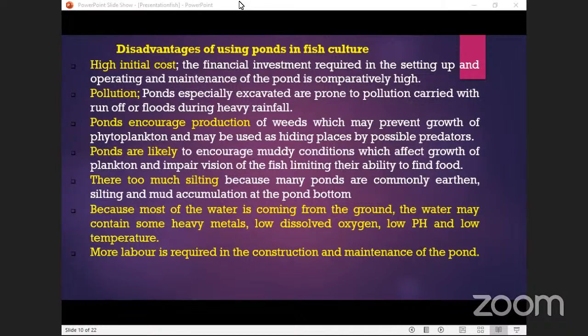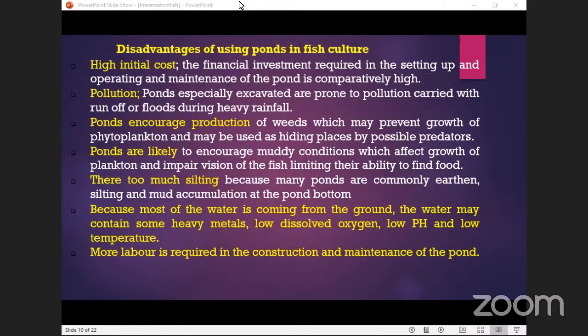There is too much silting because many ponds are commonly earthen, and silting and mud accumulation at the pond bottom. Because most of the water is coming from the ground, the water may contain some heavy metals, low dissolved oxygen, low pH, and low temperature. More labor is required in the construction and maintenance of the pond.